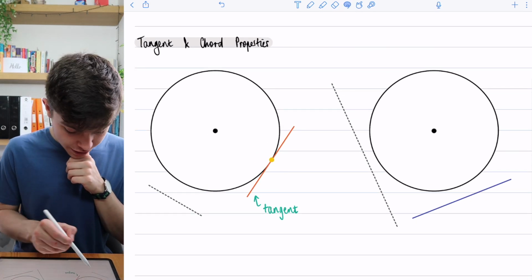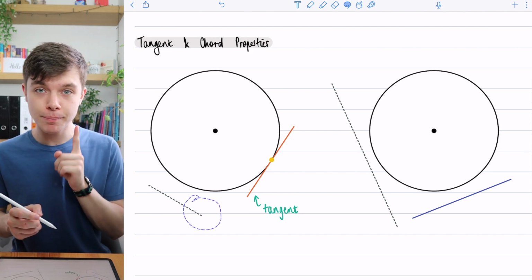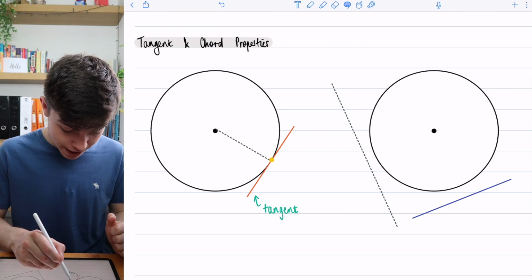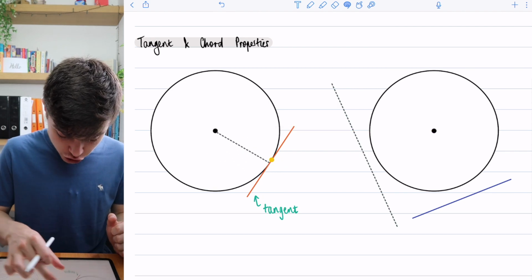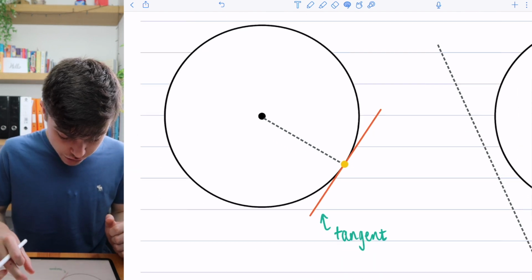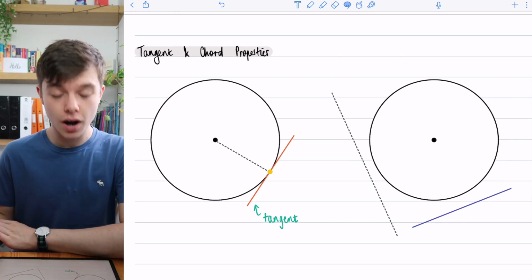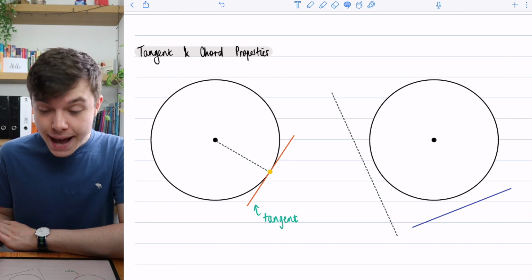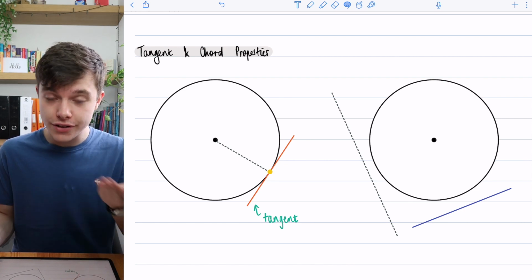Now I can draw on this dashed line as well, and I'm going to place it quite conveniently so that it passes through the centre of the circle. That dashed line there is the radius of the circle.